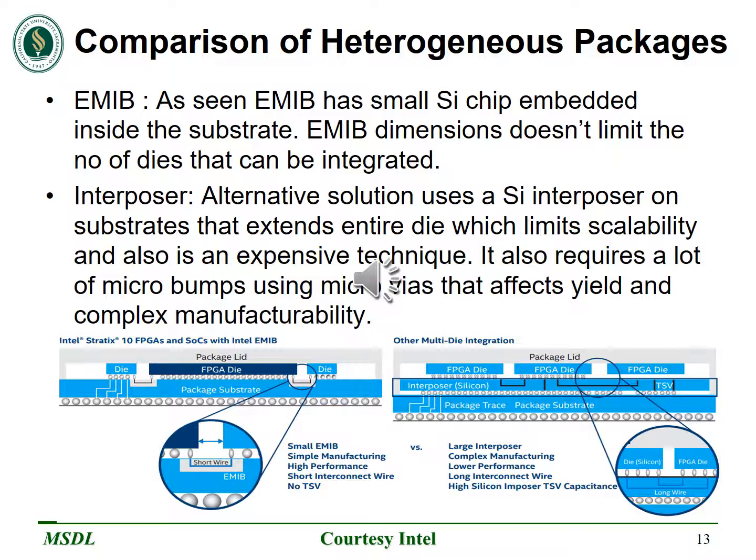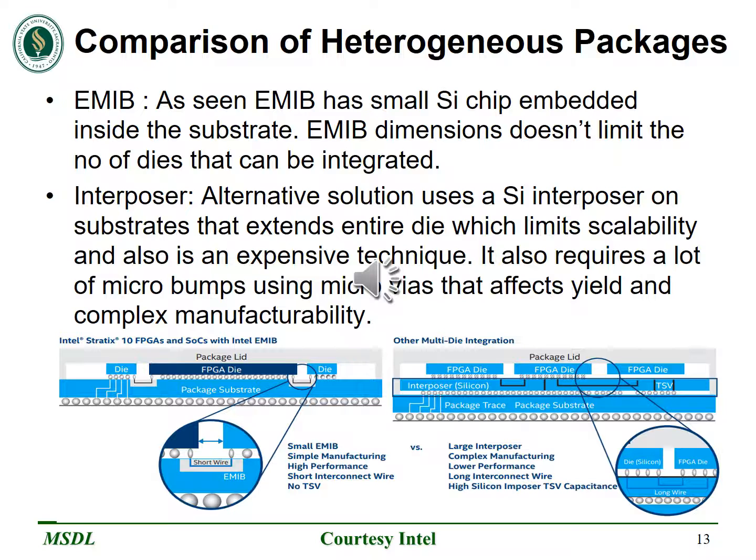Okay. Here let's compare the heterogeneous packages, EMIB and the interposer. As seen in the figure, EMIB has a small silicon chip embedded inside the substrate. EMIB dimensions don't limit the number of dies that can be integrated. From figure 1, we can clearly observe how the silicon chip is embedded inside the substrate. You can observe on both sides how it is connected with the FPGA die to the dies on both sides.